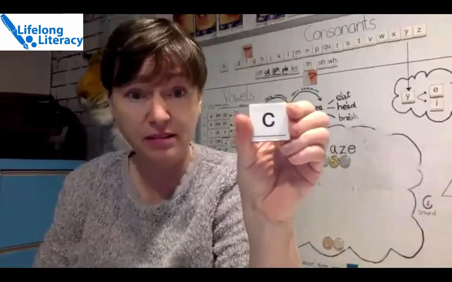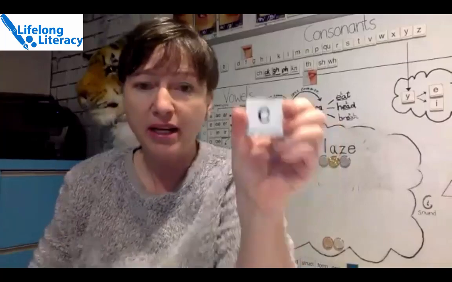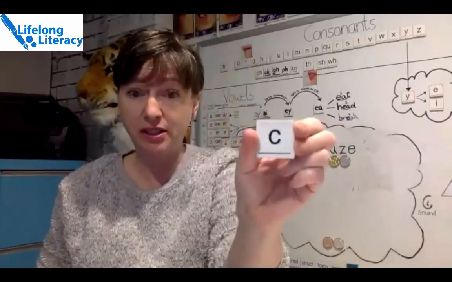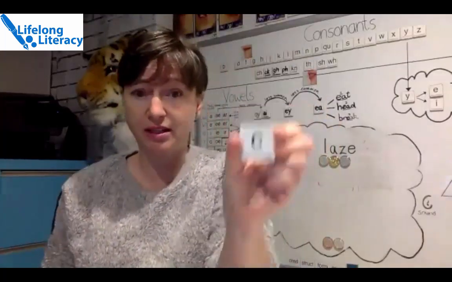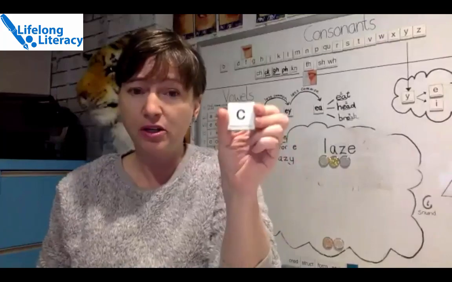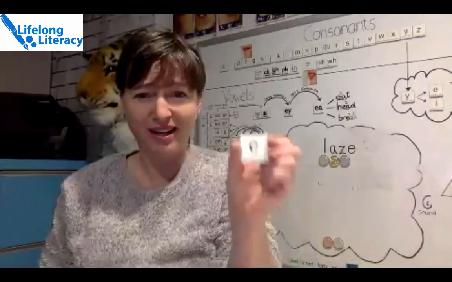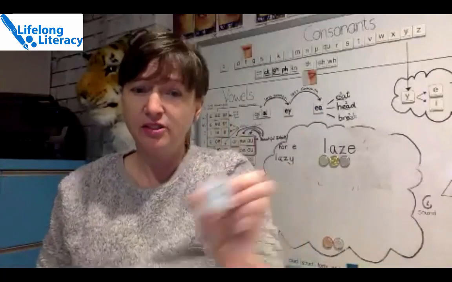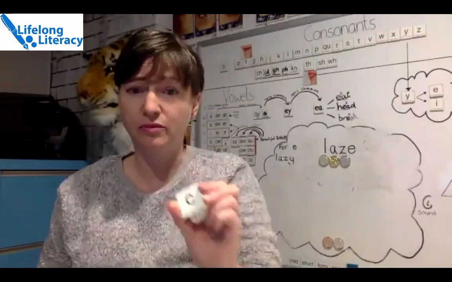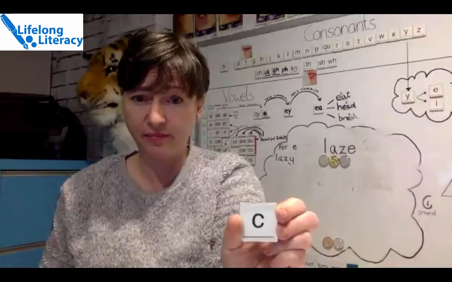This is the letter C, that's its name. But it can represent the sound k, and it most commonly does, like in cat. But it can also represent another sound. You probably know this already. It's s. So it can represent k, or it can represent s.